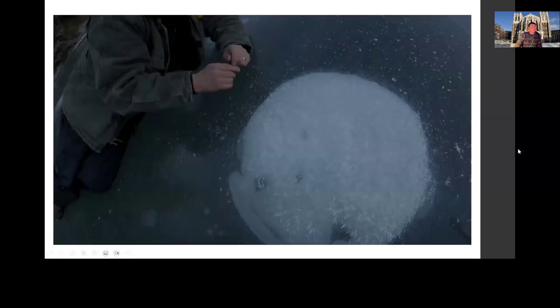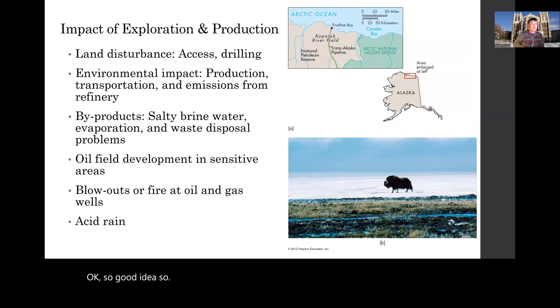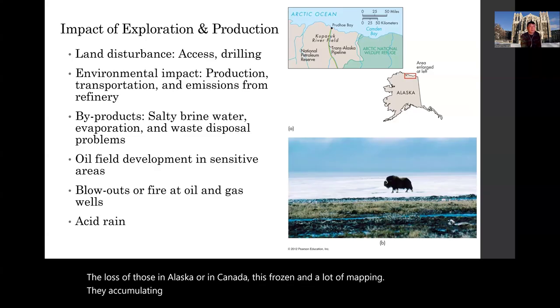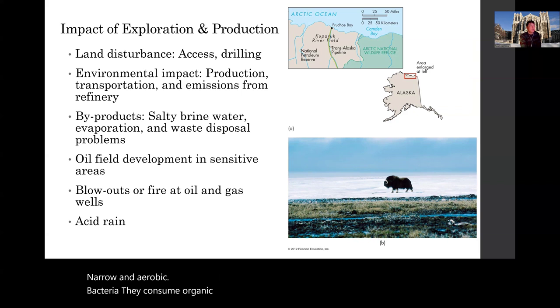Okay, so good idea. Lots of those in Alaska or in Canada are frozen, and a lot of methane accumulates in lakes, because anaerobic bacteria consume organic matter, decompose it, and form methane.